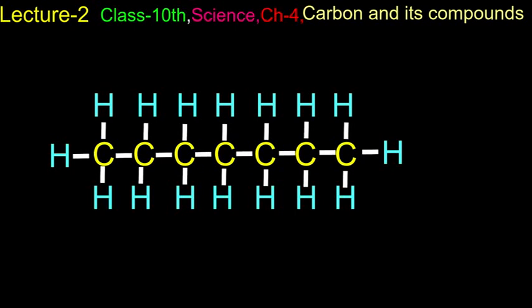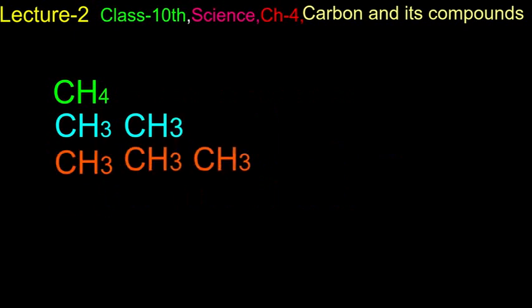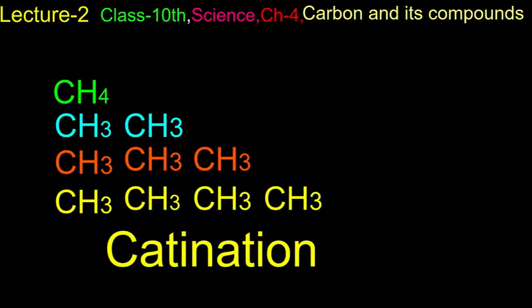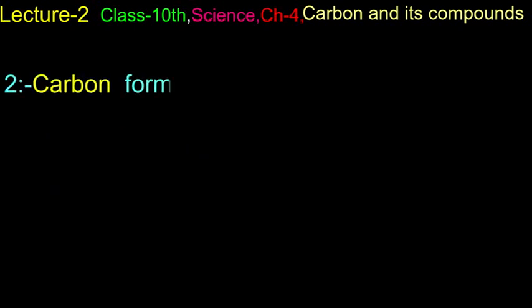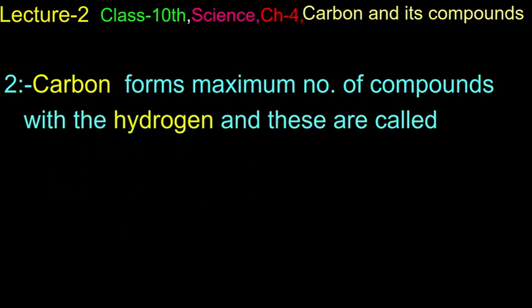This is because of the property of carbon atoms to form very long chains by carbon-carbon bonding. This property is called catenation. Next, at number 2, we studied that carbon forms maximum compounds with the hydrogen, and these are called hydrocarbons.